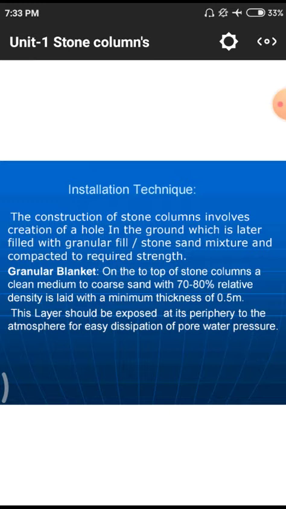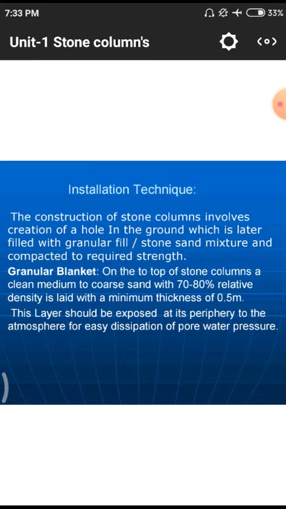Whatever the ground, we need to choose and mark the particular point where the total load is associated, and use digging equipment to dig up to the required depth. Later it is filled with a granular fill. Granular means stony materials with large particle sizes. Next, a stone sand mixture, all compacted to the required strength.